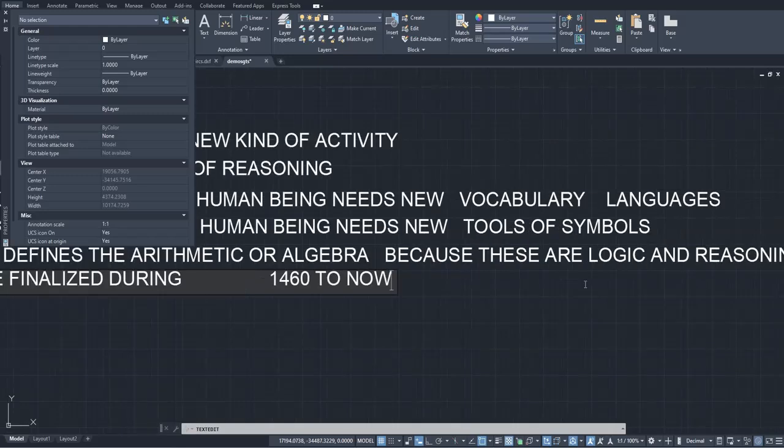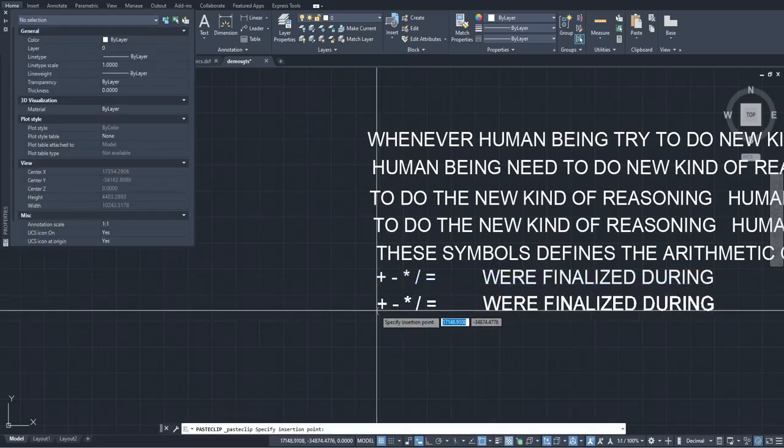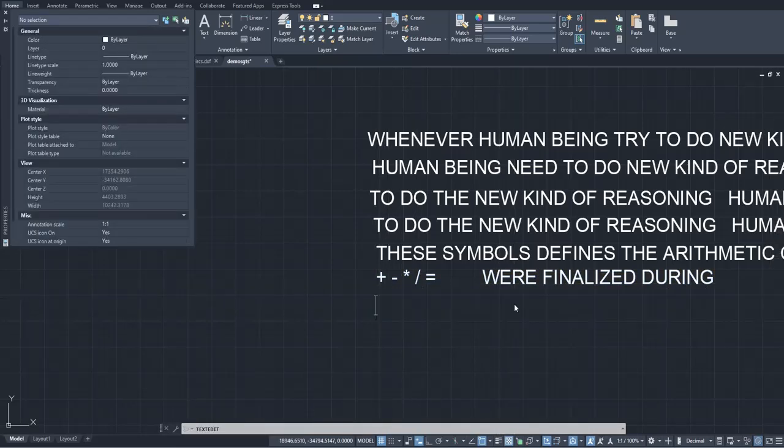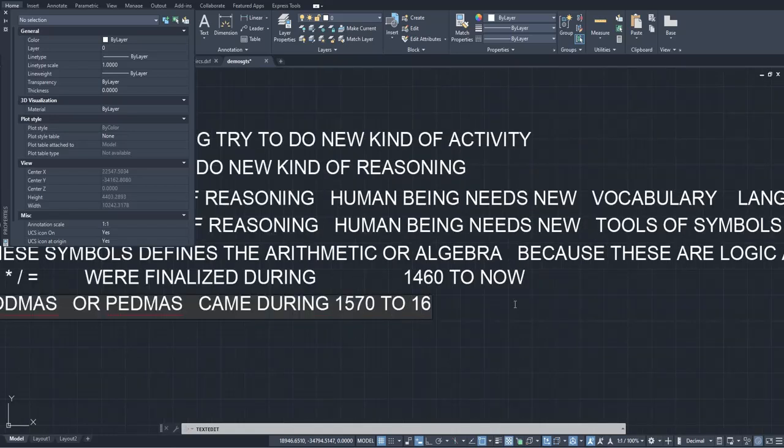And one more thing I want to say here, Sanjoy has to say here, that this BODMAS or PEMDAS came and was finalized during 1540 to 1650.